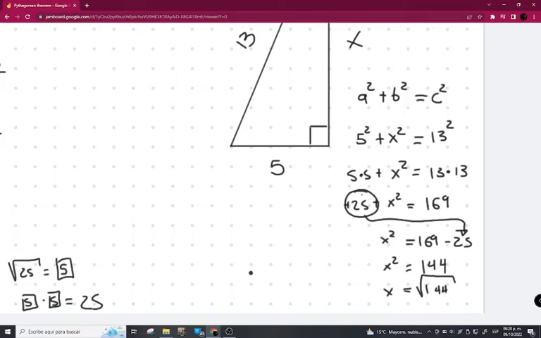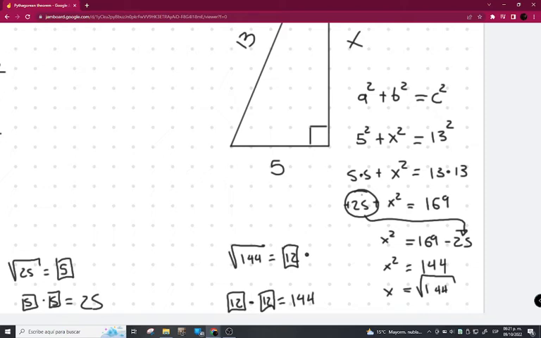Remember, the square root of 144 is a number, and that number multiplied by itself should give you 144. In this case, we know that it's 12.